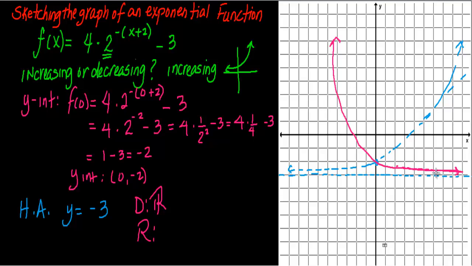At the horizontal asymptote in this case. So my range starts at negative 3, not including negative 3. That's why I use the parentheses. And if I keep sweeping all the way up, I will have a pink graph all the way up to positive infinity. And that's your range.